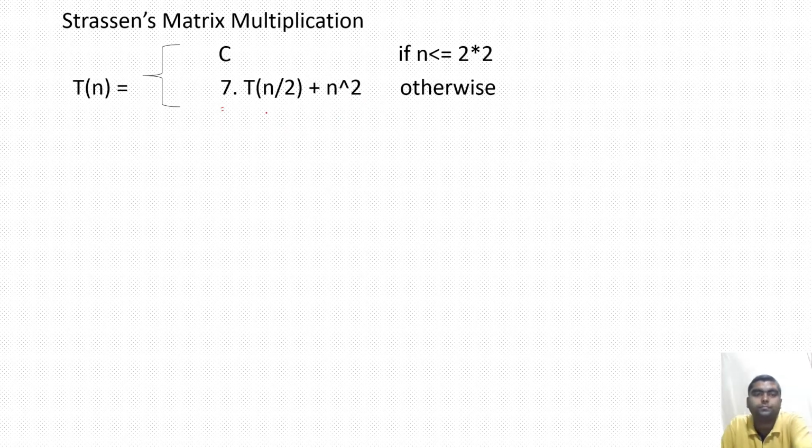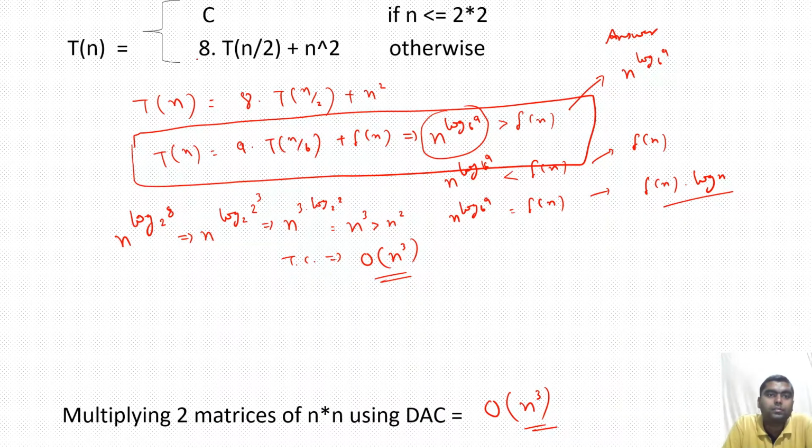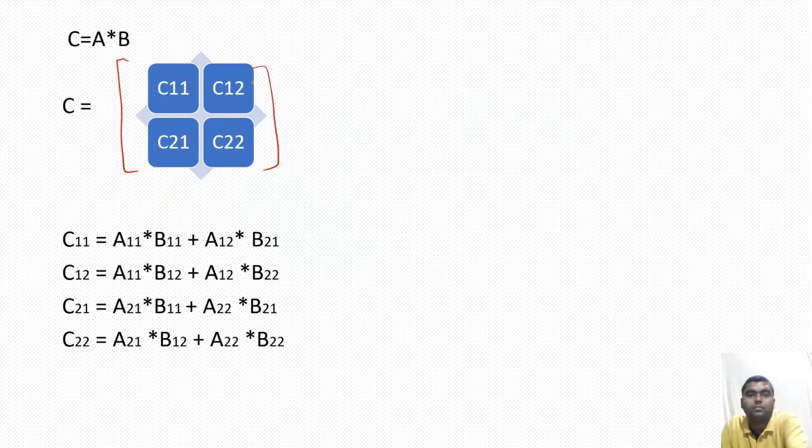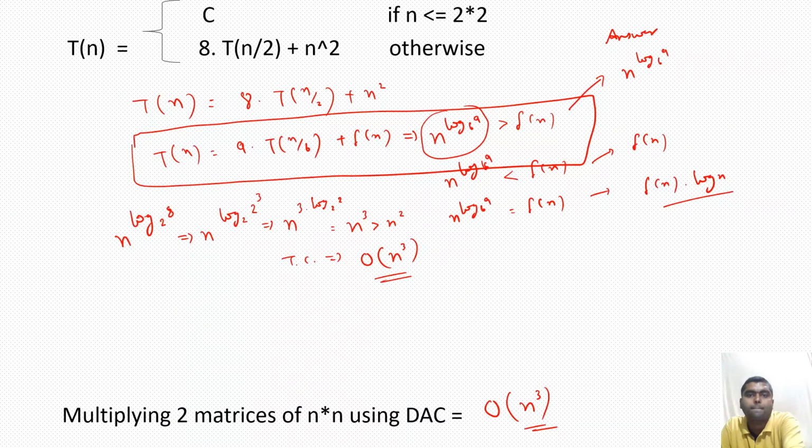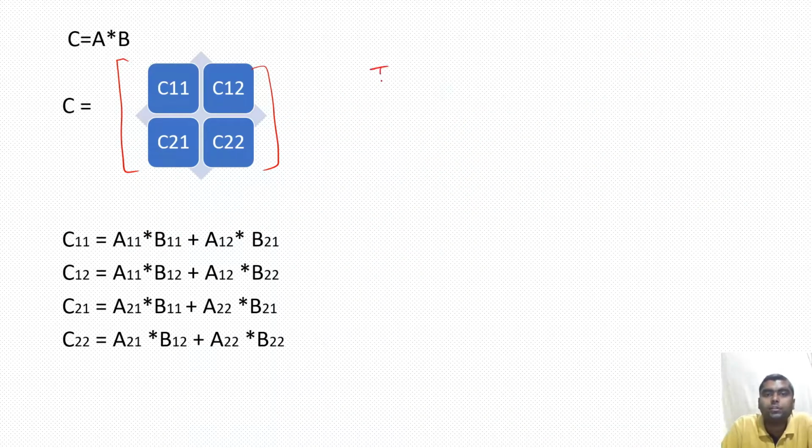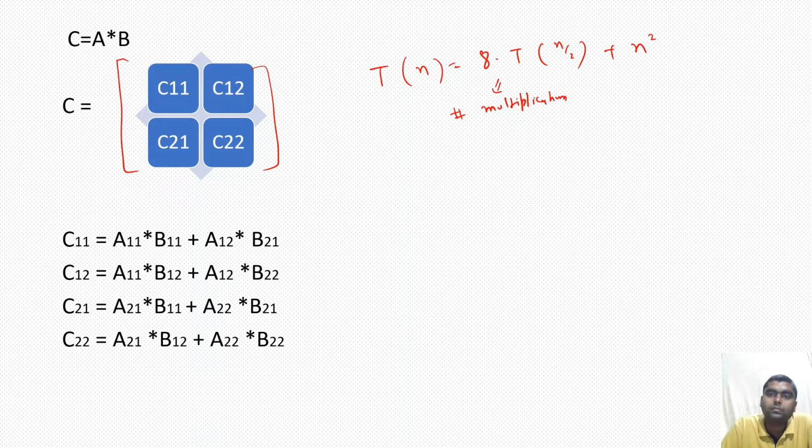Here, compare T(n) = 8T(n/2) + n². This 8 is the number of multiplications, and this n² is the addition time.